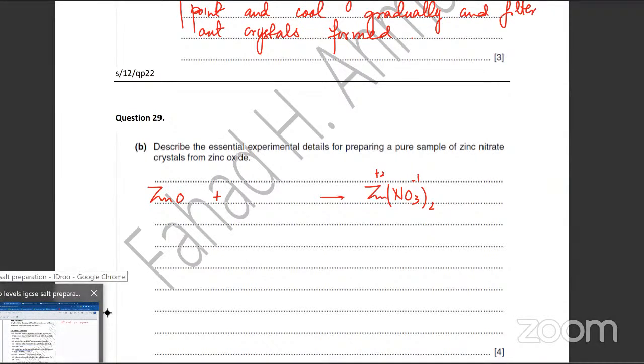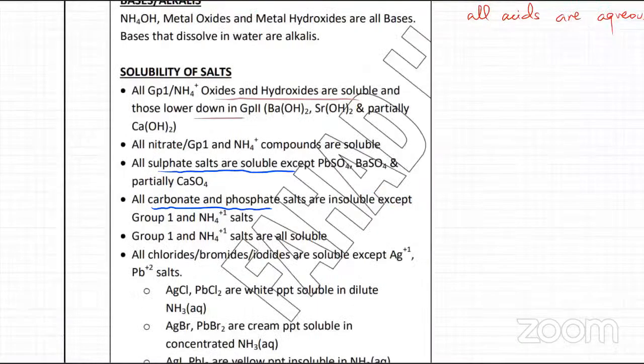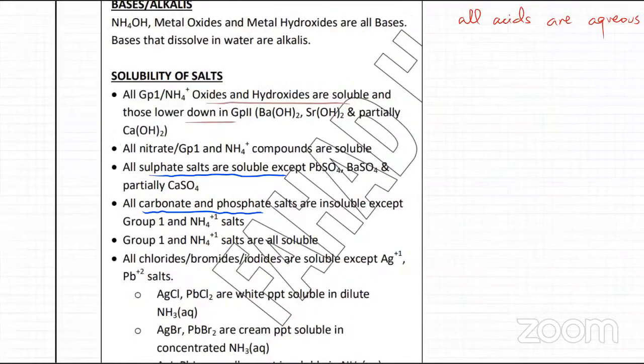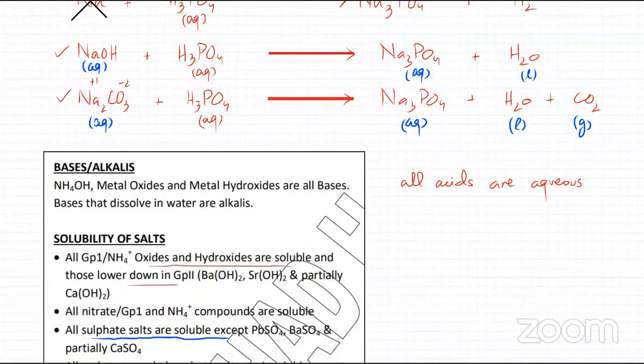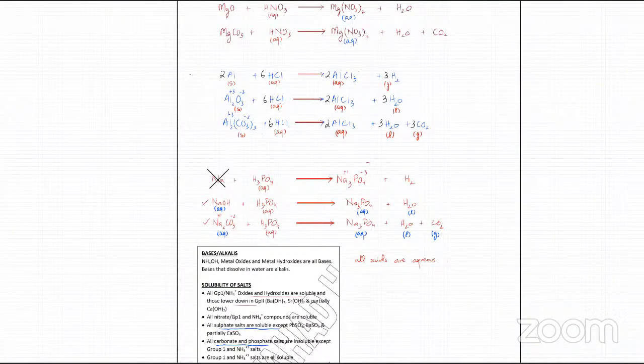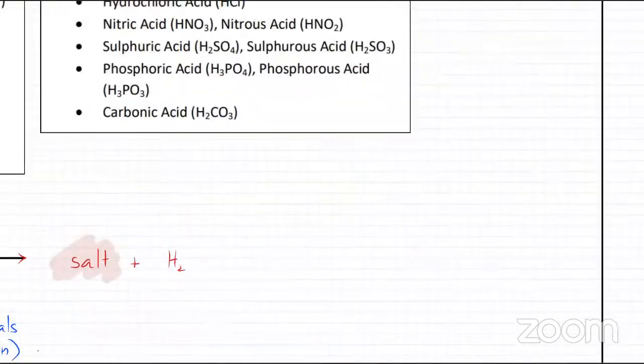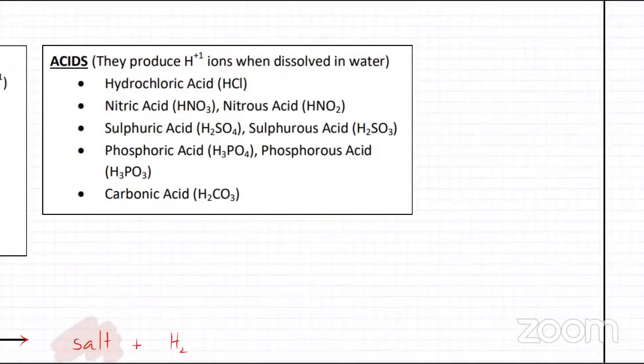I mean, which acid contains NO3? Anybody any idea? Like here on the board, it's going to be nitric acid because it contains NO3.